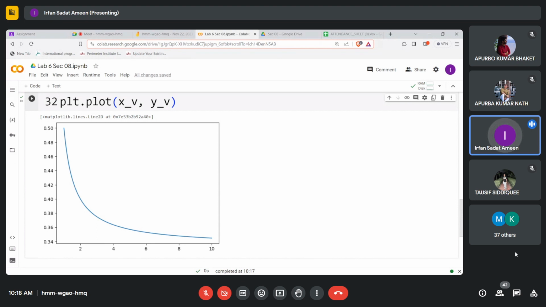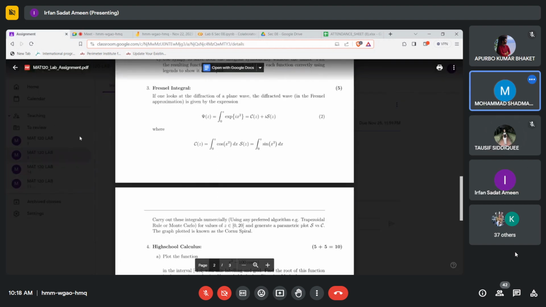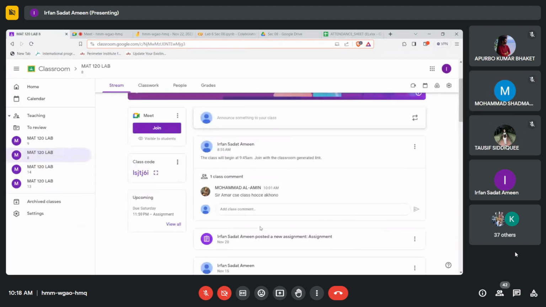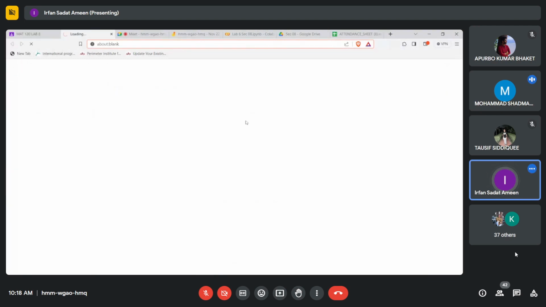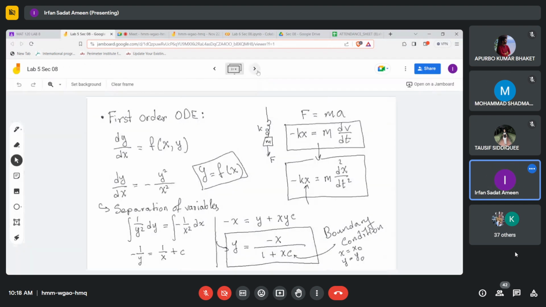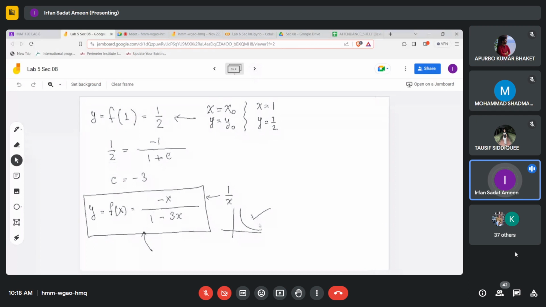Euler method, do you guys remember? It's here. Yes, sir. Okay, so it does match. I think I had kept that in the Jamboard. We were expecting this kind of a curve, 1 by x type, and that is what we got.